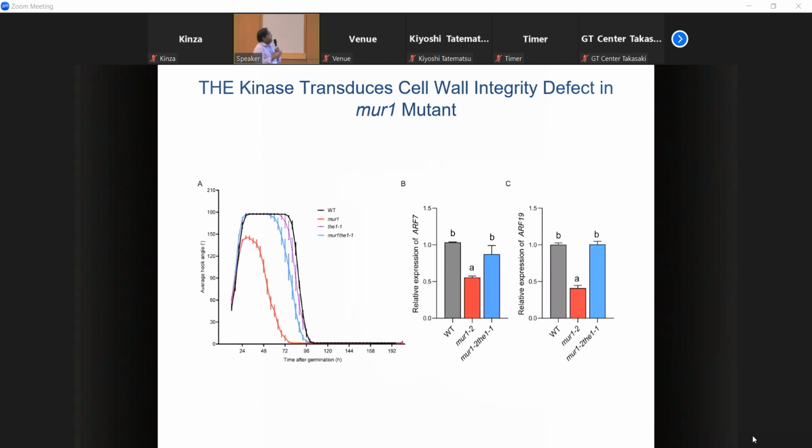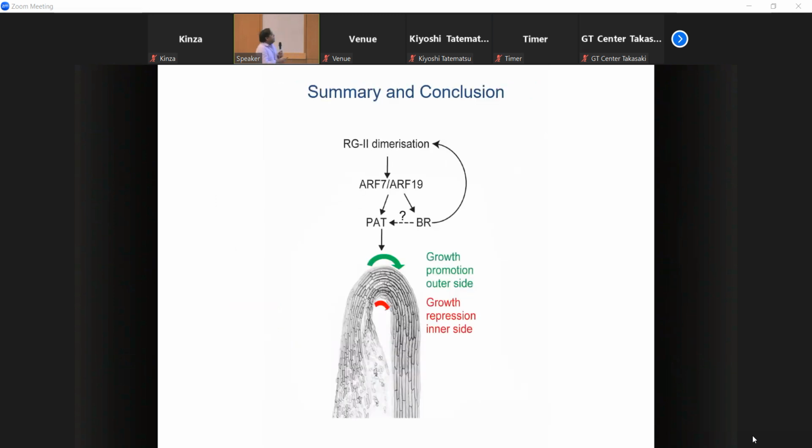Then we checked the expression of ARF7 and ARF19, and it goes up. So this change in RG-II dimerization affects ARF7, ARF19, and it affects the polar auxin transport machinery. How polar auxin and BR, it is a complex mechanism, how they regulate RG-II dimerization and differential cell elongation.